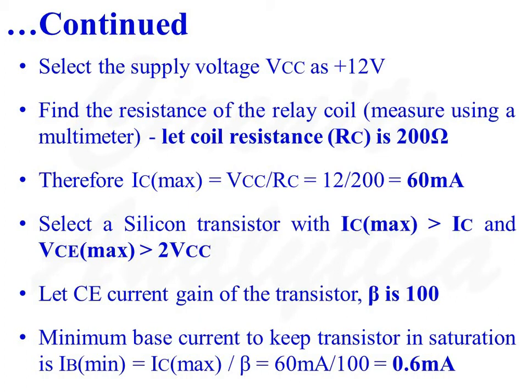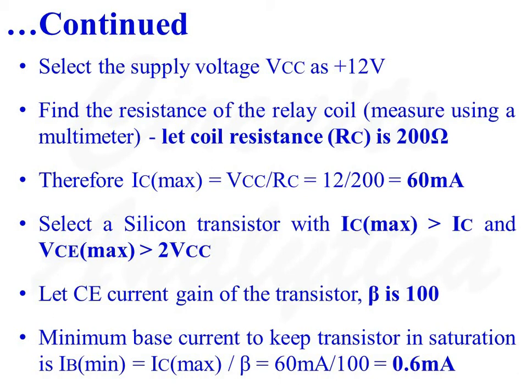Therefore, IC max is equal to VCC divided by RC, 12 divided by 200 ohms, 60 milliampere. Select a silicon transistor with IC max greater than IC and VC max greater than 2 VCC.